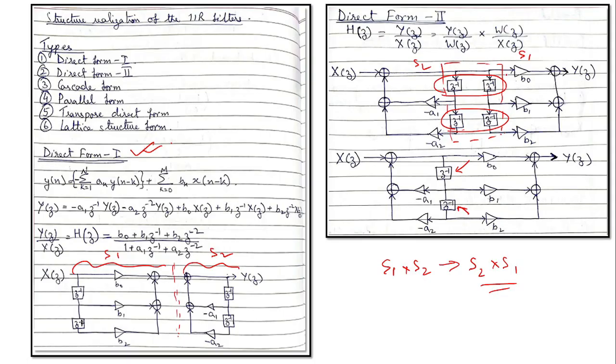So instead of 4, we now have only 2 delays, and by implementing the filter by this direct form 2 method, we have reduced the computational complexity.